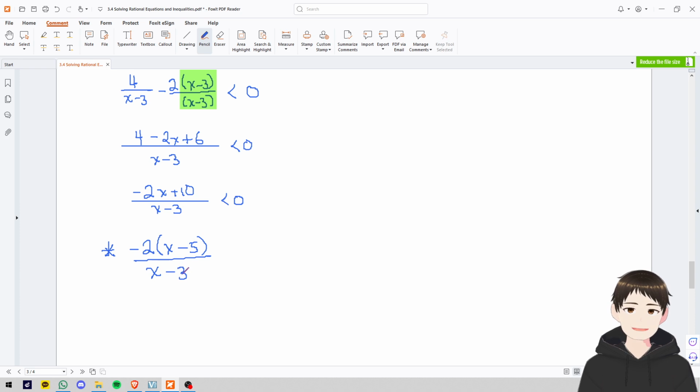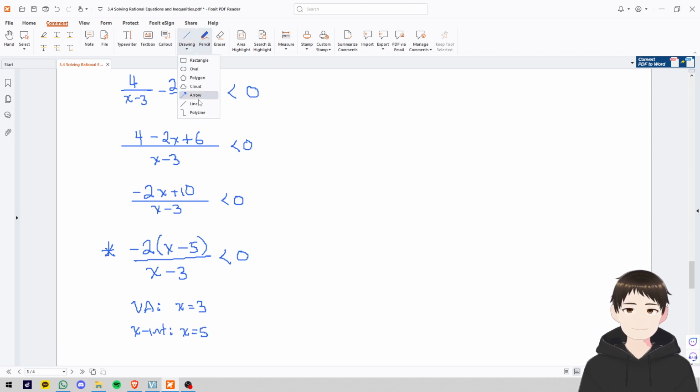I'm basically going to do bits and pieces of that. I factored a negative 2 out so that the numerator and the denominator are both in factored form. I know that the vertical asymptote is x equals 3. And I also know that an x-intercept will exist when x equals 5.